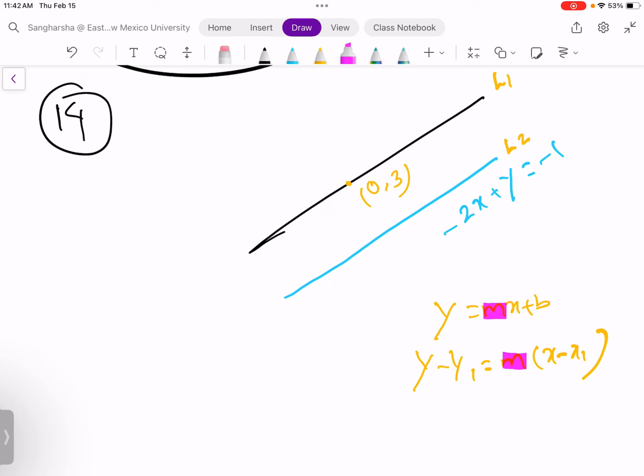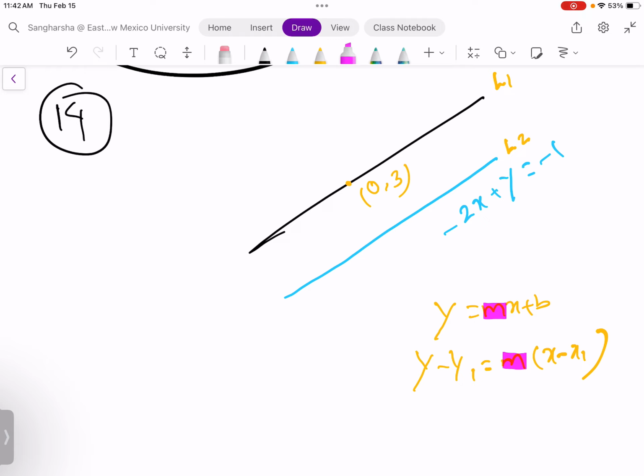How do we find the slope of line 1? Line 1 and line 2 are parallel, so would the slope be the same as line 2? Yes, since they are parallel, the slope of line 2 is the same as the slope of line 1. So let's find the slope of line 2, and that will be the slope for our line 1.